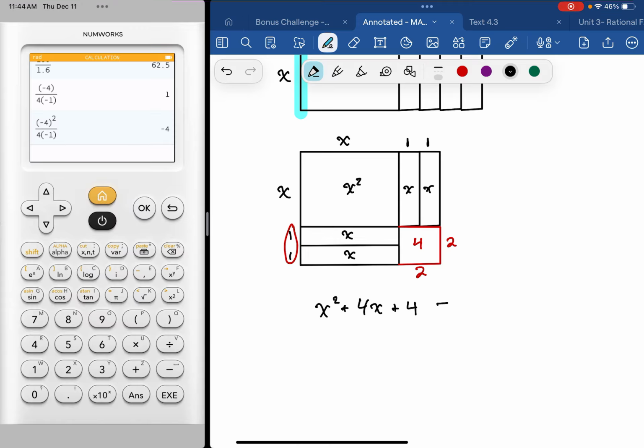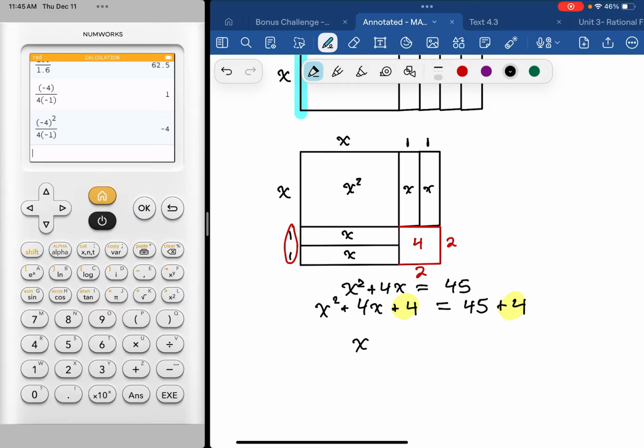On the right-hand side, it's supposed to total out to 45, but remember, the equation we were working with was x squared plus 4x equals 45. If I add 4 to one side of an equation, that's not legal unless I also add it to the other side. That keeps the new equation equivalent to the previous one.